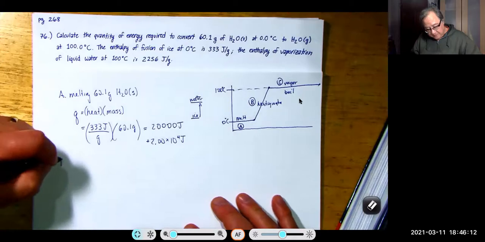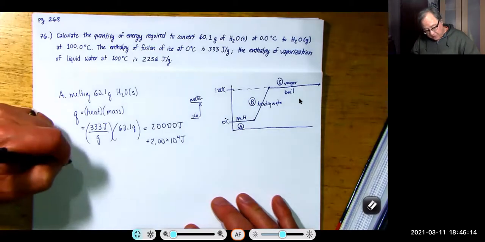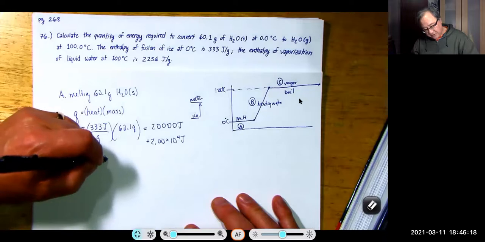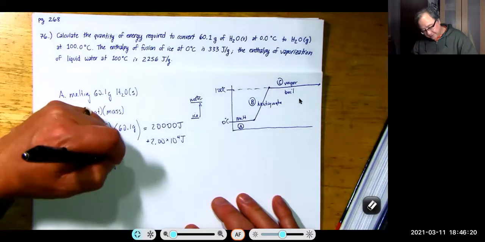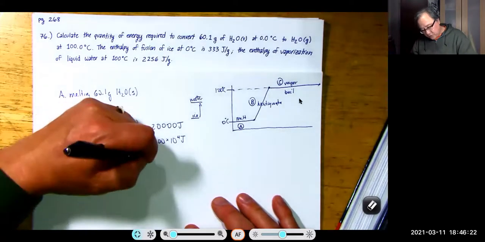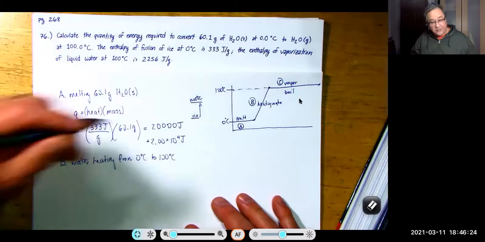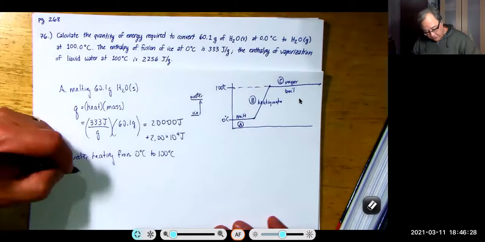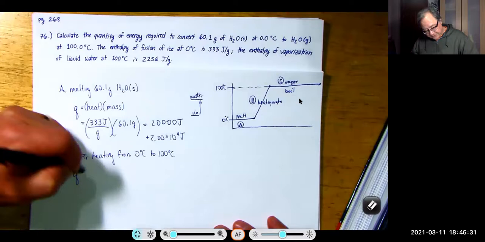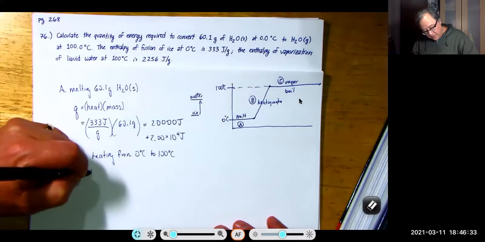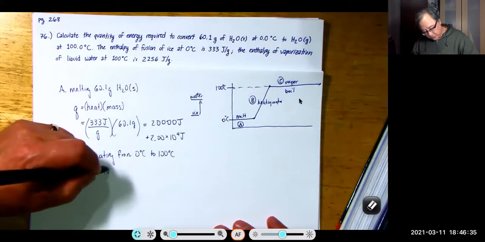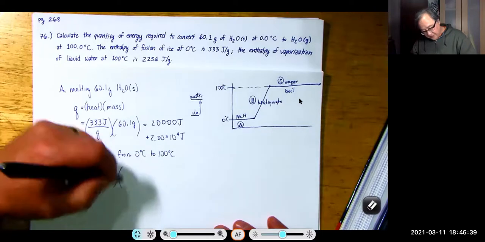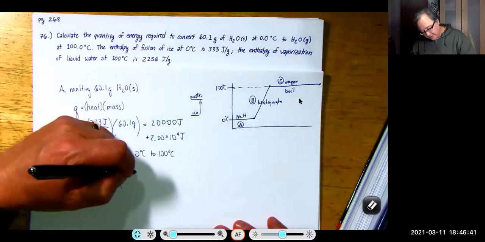Now, if we take a look at B, for the water heating from 0 degrees Celsius to 100 degrees Celsius, we're going to use the specific heat capacity of water. So Q equals 4.184 joules per gram degrees Celsius. The mass of water is 60.1 grams.